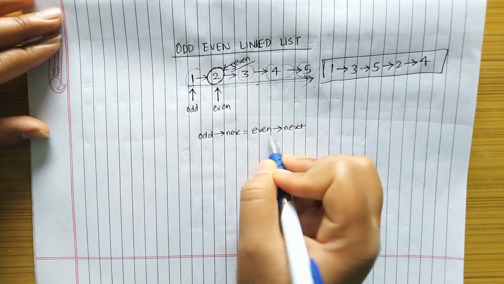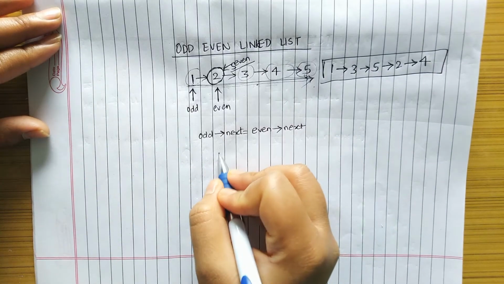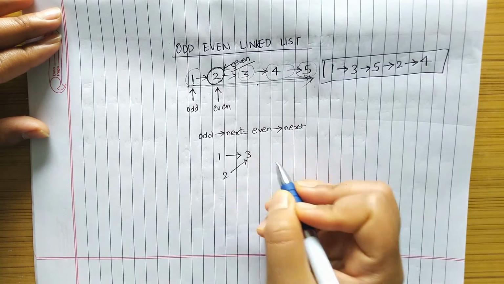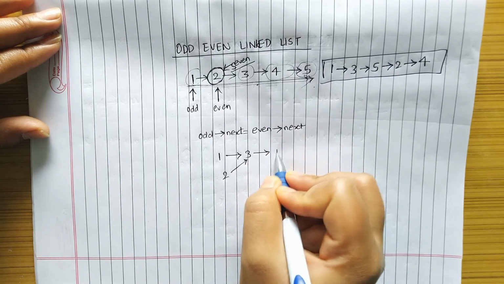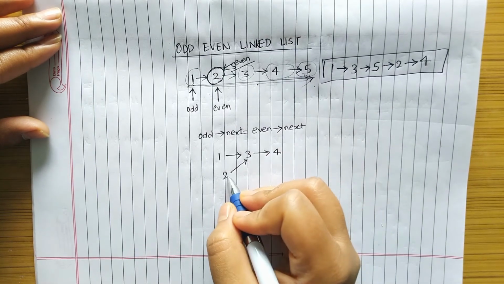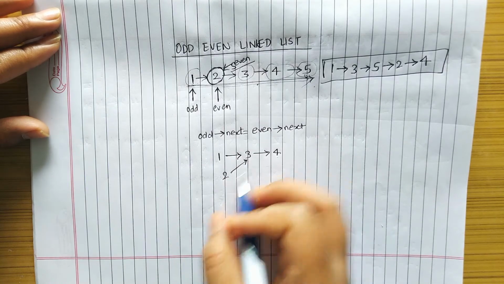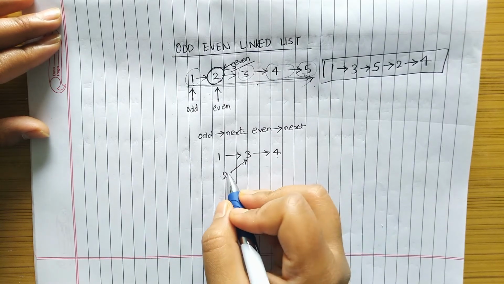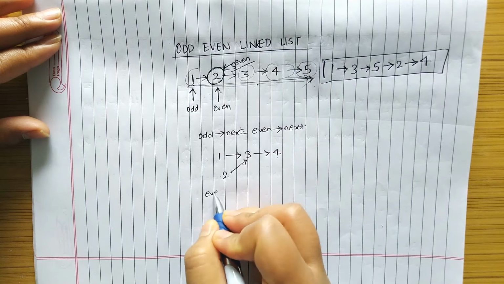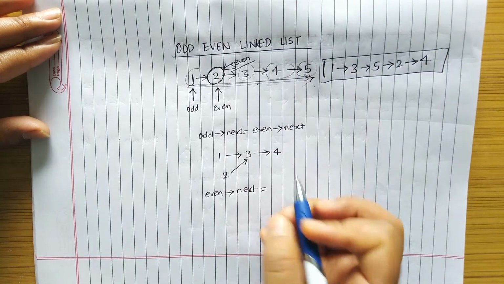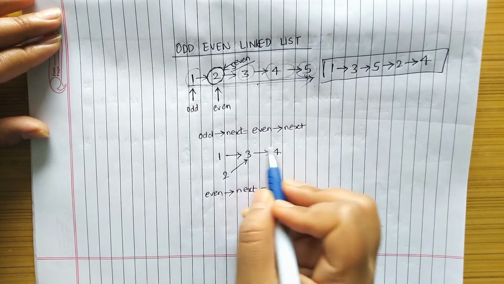After this step, 1 will be connected to 3, 2 is still connected to 3, and 3 is connected to 4. Now we want to connect 2 with 4 and 3 with 2. For that, we will do even of next is equal to odd of next of next.